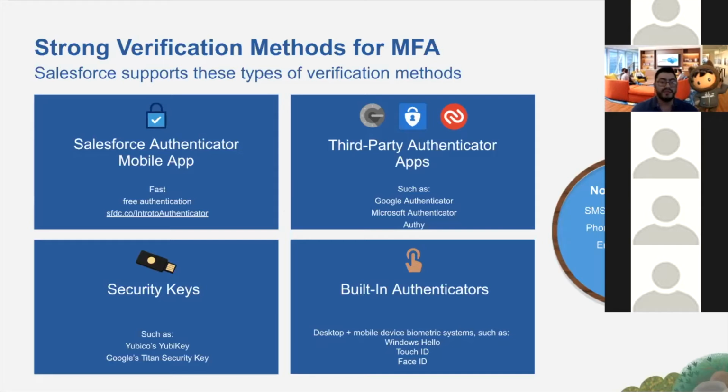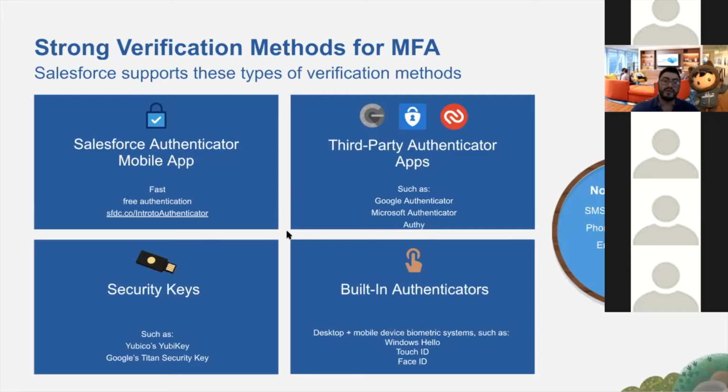And these might be very convenient in case you don't have an internet connection. All you have to do is just grab your security key and connect it through your USB port, and then just press the button, and that'll get you authenticated. But we're going to look into more detail for each one of these later on.